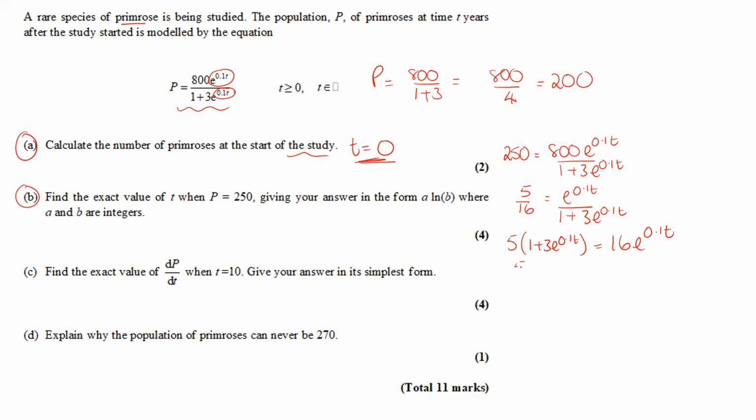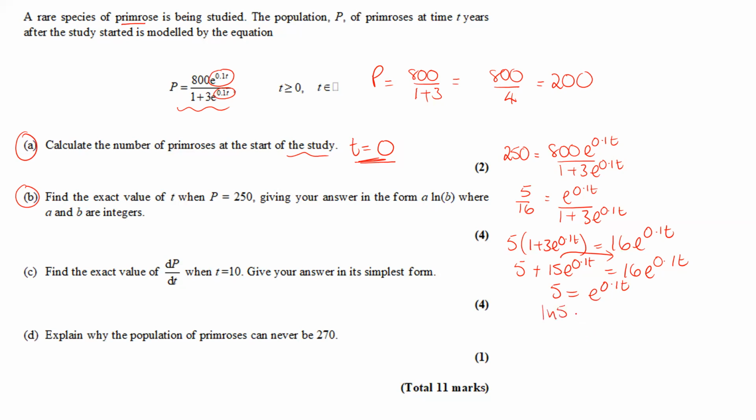Then multiply that 5 in. And now we can collect the e to the 0.1t's on one side. So 5 is going to be, when that goes to the other side, it'll be minus 15 e to the 0.1t, so that'll just be e to the 0.1t. And then to get the t down, we're going to take ln.